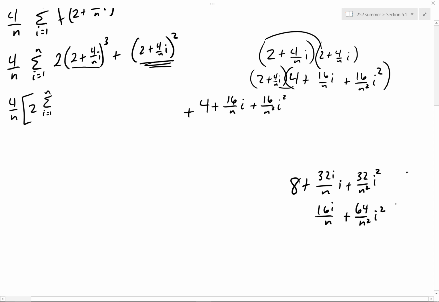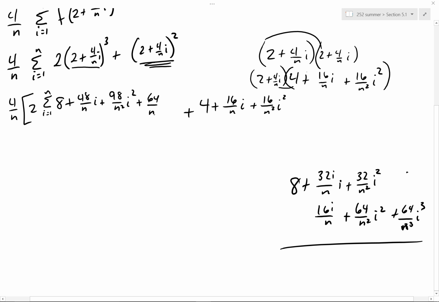It's not. So just remind yourself of that. And then plus 64 over n cubed i cubed. And so that gives me 8 plus 48 over n i plus 96 over n squared i squared plus 64 over n cubed i cubed.